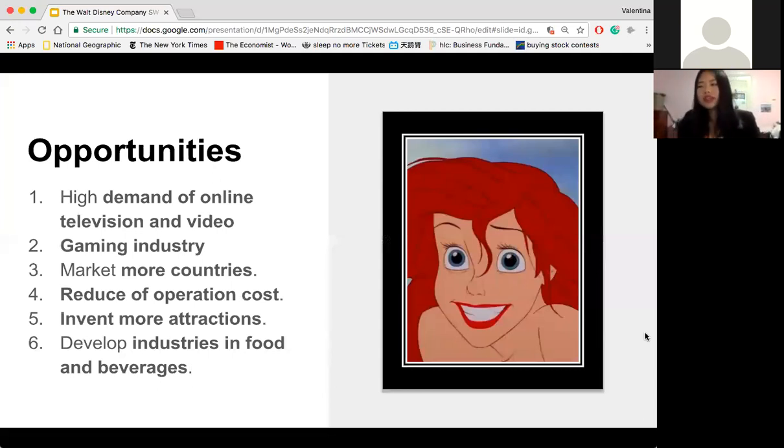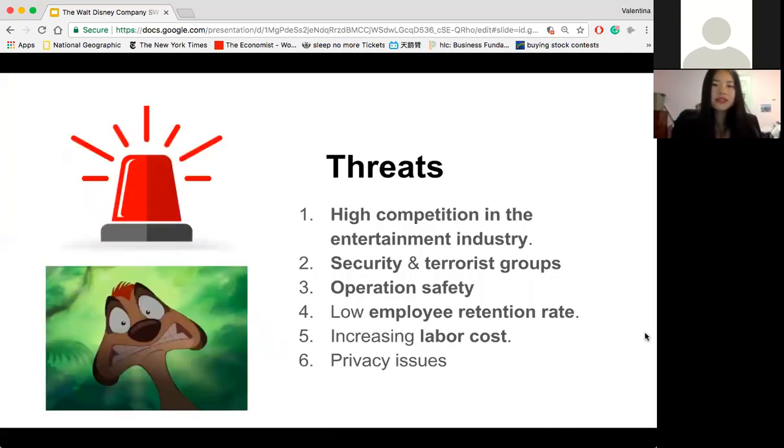So while Disney has a lot of opportunities, the other thing we look at in the SWOT analysis is the red flags, which are also known as the threats. The threat for Disney is that as an entertainment company in the industry, it has very high competition. Companies such as Six Flags, Universal Studios, Treasure Island, or if you're in the Midwest, Cedar Point, are really huge competitors for Disney because not everyone goes to Disney.